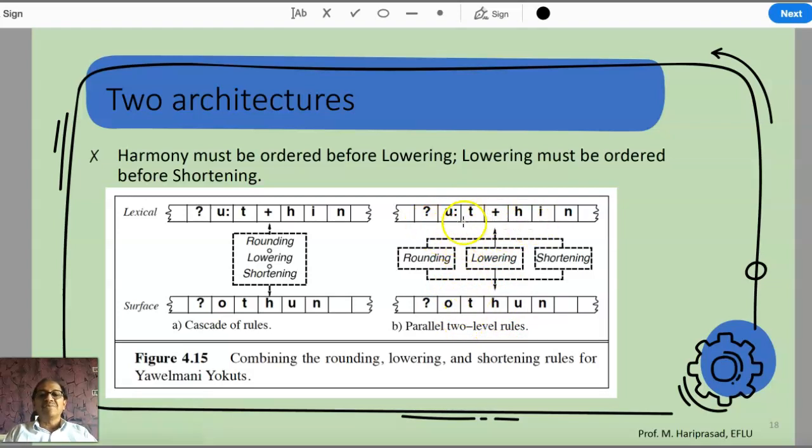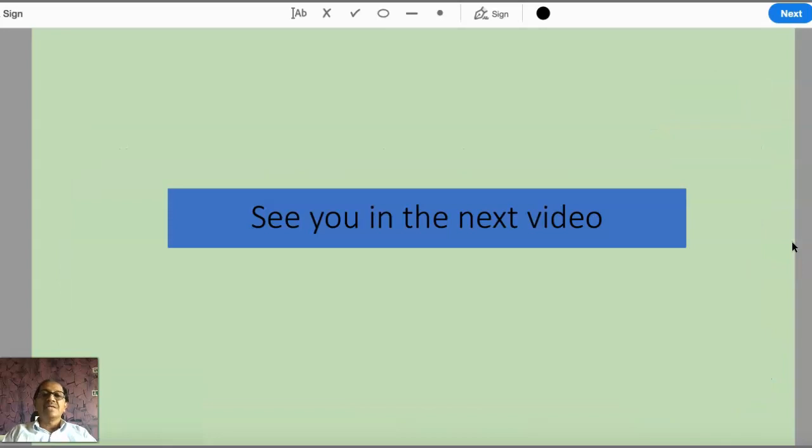For instance, when does a long O become a short O? That is a long vowel becoming short when there is a short vowel after it. So we need to build into those transducers the context constraints on each of these levels, and then you can apply all the three transducers parallelly. See you in the next video.